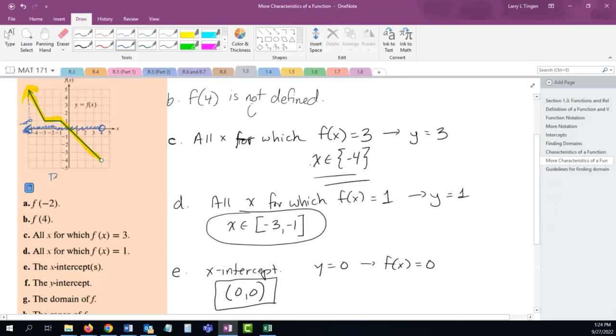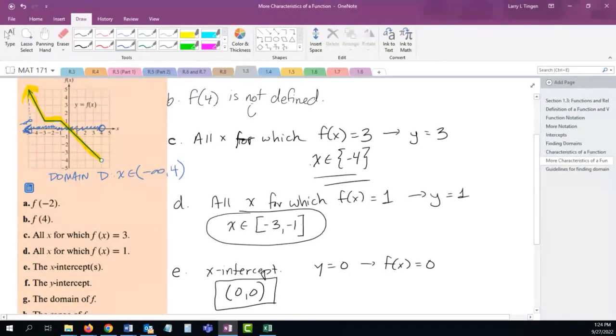So this means my domain starts at negative infinity and goes until I reach 4. Infinities are never included, so that's why they always get a parenthesis. And the positive 4 doesn't get included because an endpoint is open.